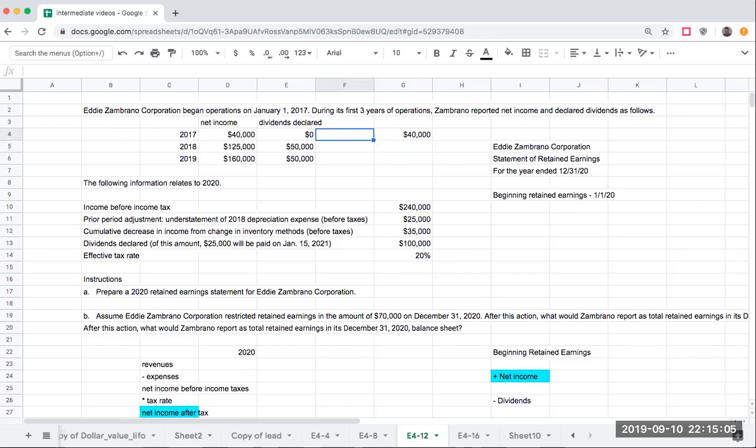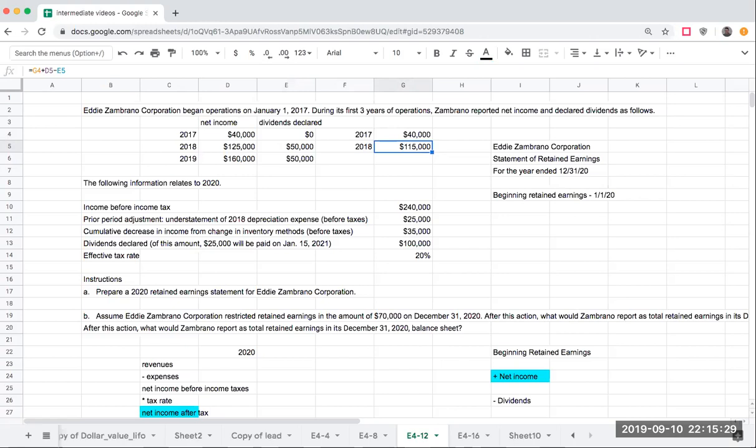That was my 2017 ending retained earnings balance. For 2018, this is my beginning plus my net income minus my dividends. And what's really key with dividends is that it's about dividends declared. It does not matter if they're actually paid; if they're declared, that's the important part.